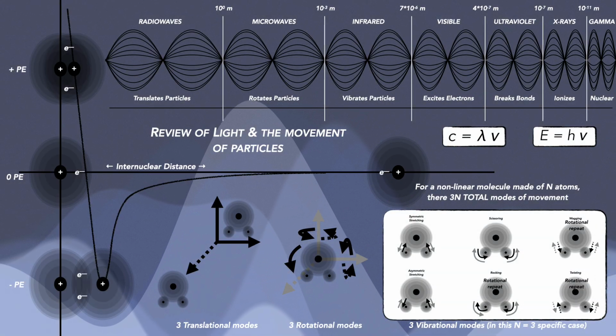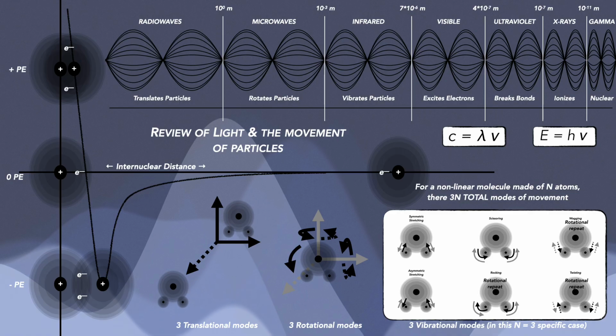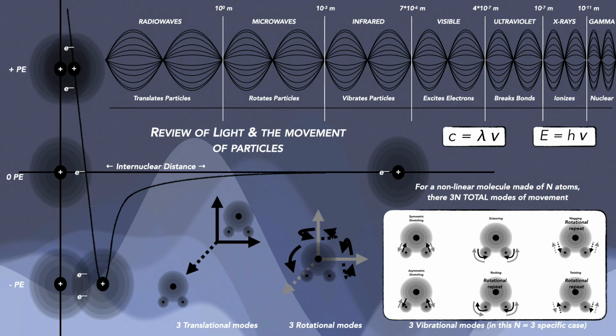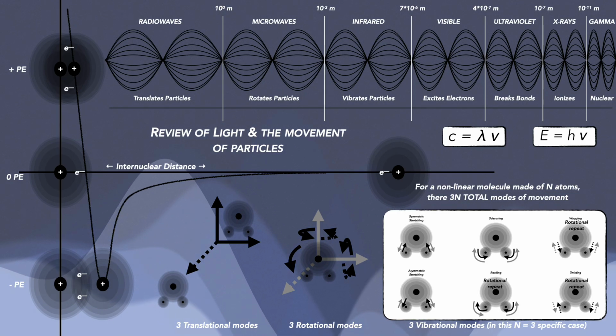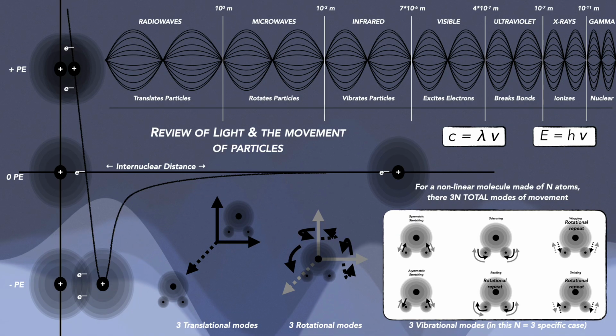Now, recall that across the electromagnetic spectrum, different wavelengths interact with molecules in different ways. Radio waves translate molecules, microwaves rotate, infrared vibrates. Of course, visible and UV light excites electrons.